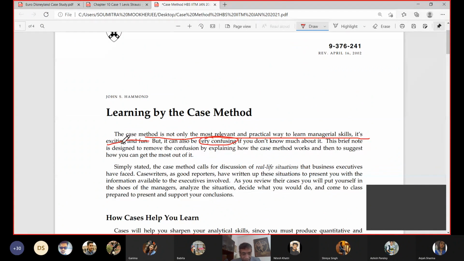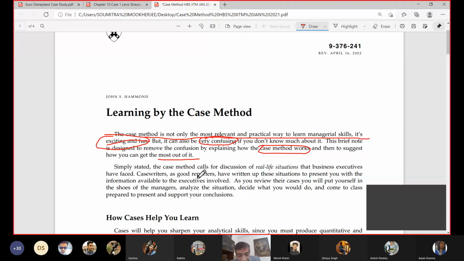Wow, it says it's exciting and fun, but it says it can be very confusing. This brief note is designed to remove the confusion by explaining how the case method works and then to suggest how you can get the most out of it. So use the case based method, which is exciting and fun, and how do you get the most out of it? Don't be confused.